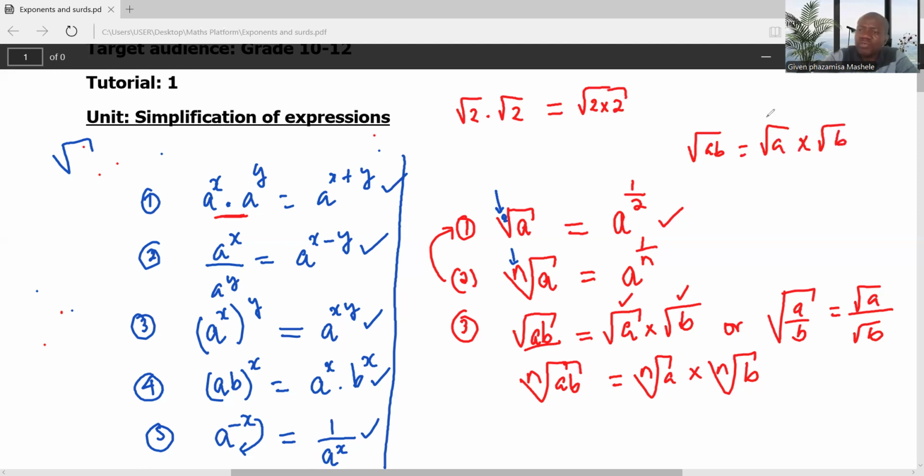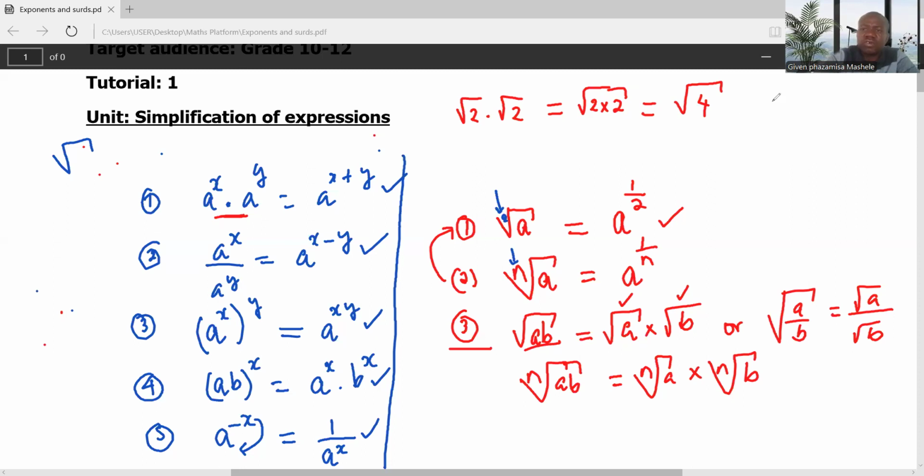So if we have this, we can reverse the expression back to that one. Using this law, the square root of 2 times 2 becomes the root of 4.